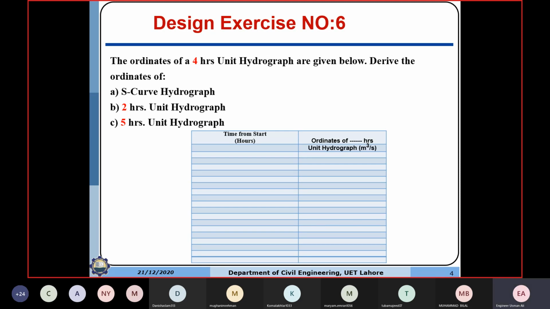And the purpose of indicating the duration of the unit hydrograph is so that we can utilize the hydrograph for all those effective precipitations having the same duration as the unit hydrograph.